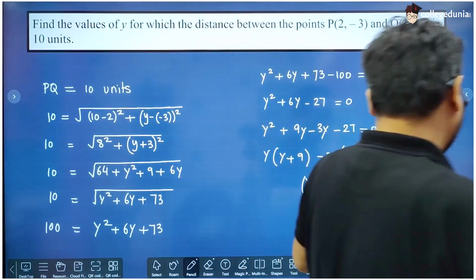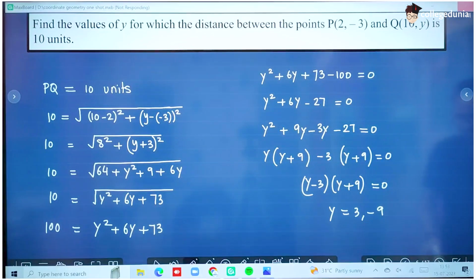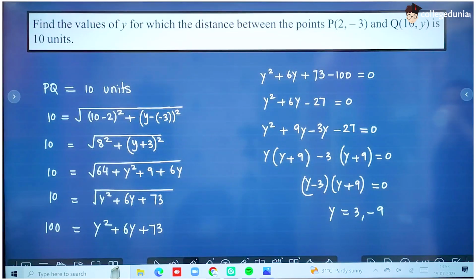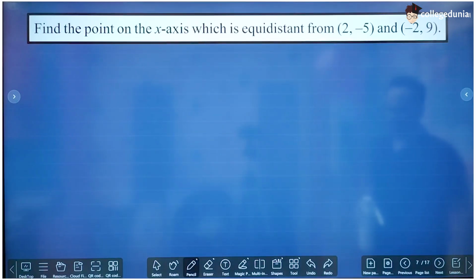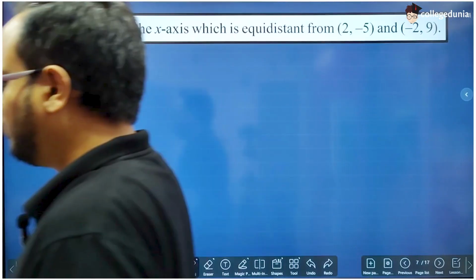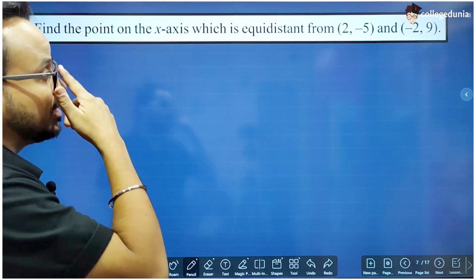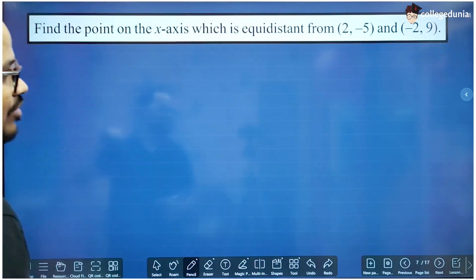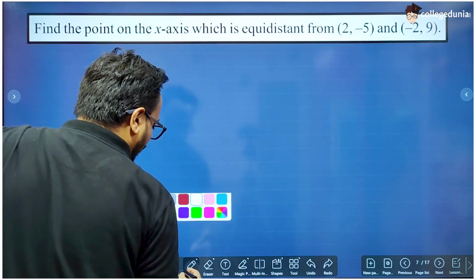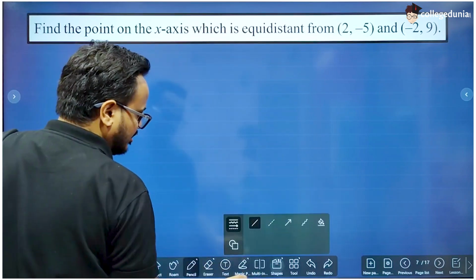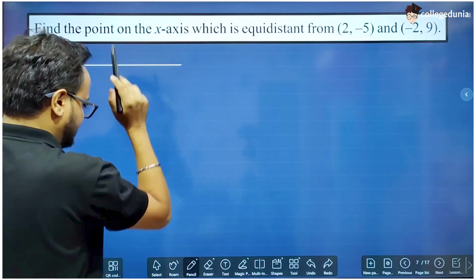Next, find the point on the x-axis which is equidistant from 2 comma minus 5 and 2 comma 9. Now we have to find a point on the x-axis. Suppose this is the x-axis.